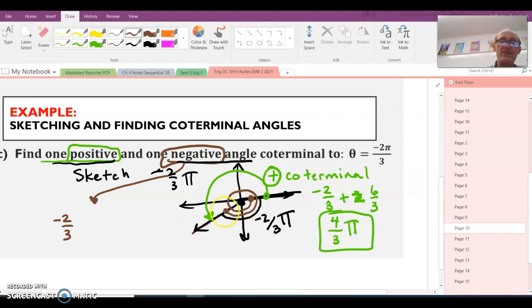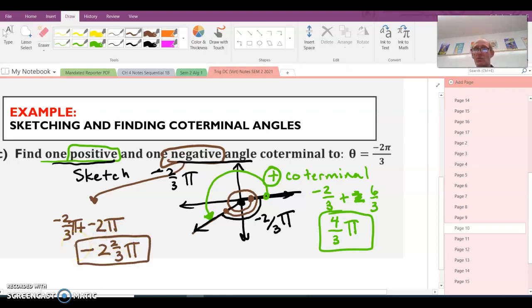Your negative coterminal angle and your positive coterminal angle are determined a lot by your sketches of the angle itself, which is that negative 2/3. Negative 2/3 pi plus negative 2 pi is going to be negative 2 2/3 pi. That's your negative coterminal angle. So really understand where those sketches are.